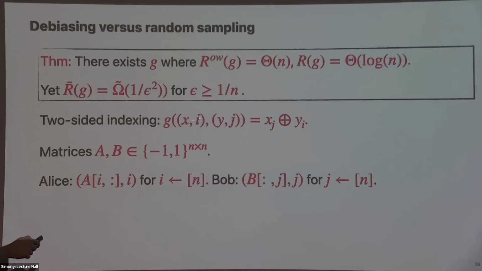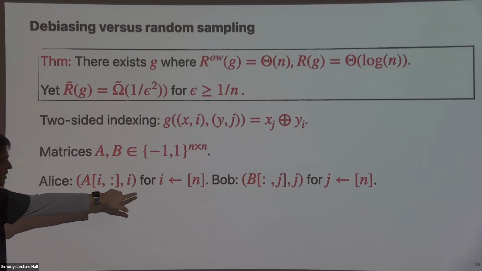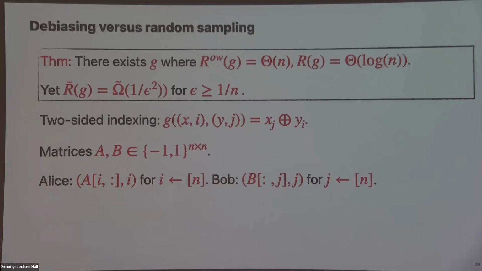Well, they have a good protocol for two-sided indexing, and this is how they're going to use it. Alice's input will be the ith row of the matrix A and the index i, for i chosen randomly from 1 through n. Bob will get the jth column and the index j. This is the set of inputs. This is the instance of distributed estimation.